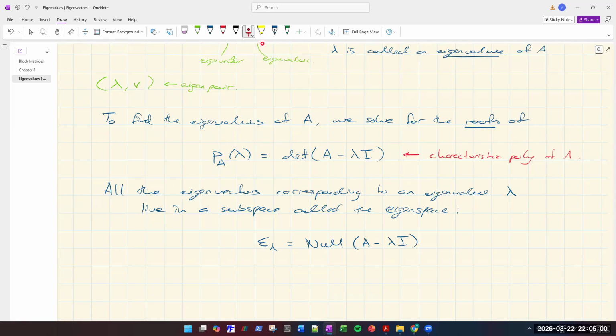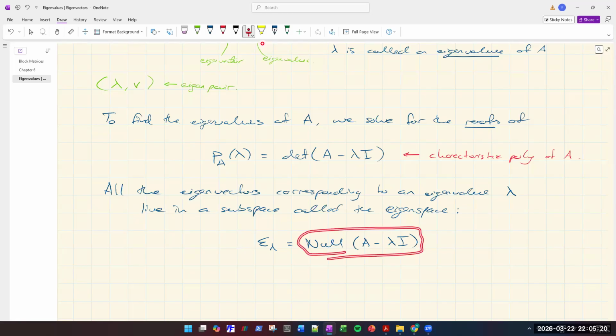So for each lambda you find here, each root you find, you will form this matrix, A minus lambda I. So if you find 3 different lambdas, you form 3 different matrices. For each of these matrices, you then determine the null space.